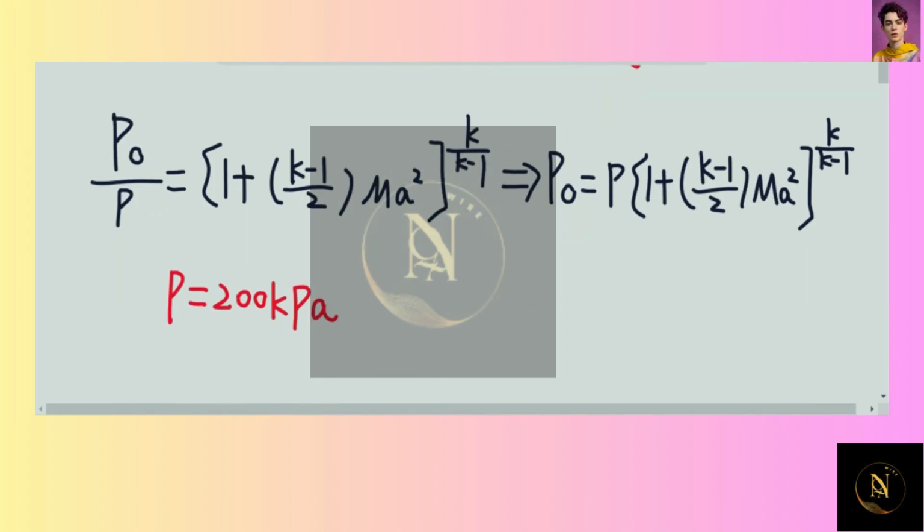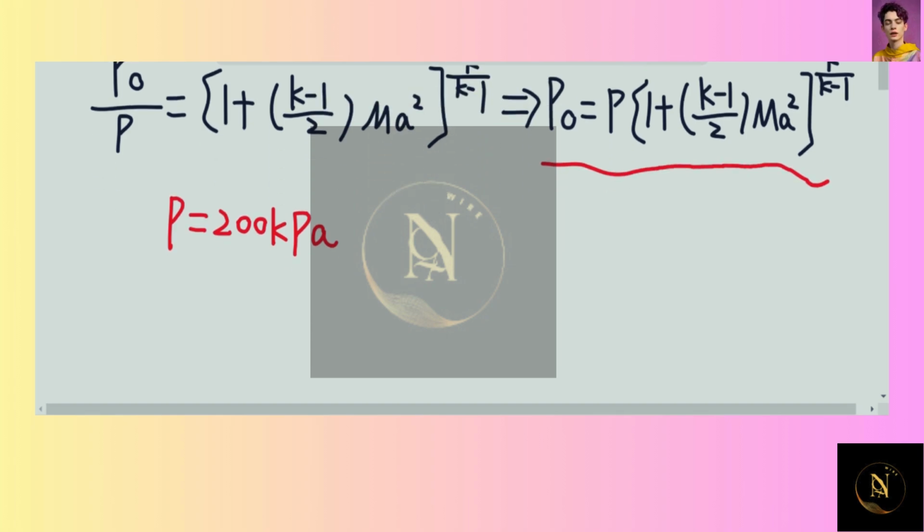So now let's take a look at the stagnation pressure. We know stagnation pressure, which is P0 here, can be equal to P times (1 plus (K minus 1) over 2 times Ma squared) to the power of K over K minus 1. We know the pressure is given as 200 kilopascal.